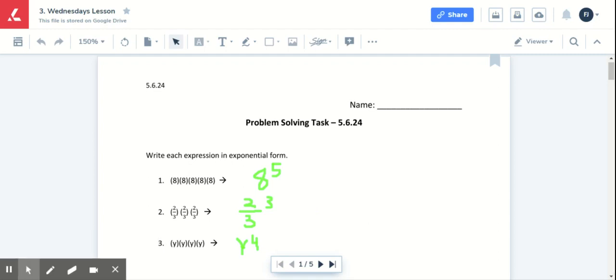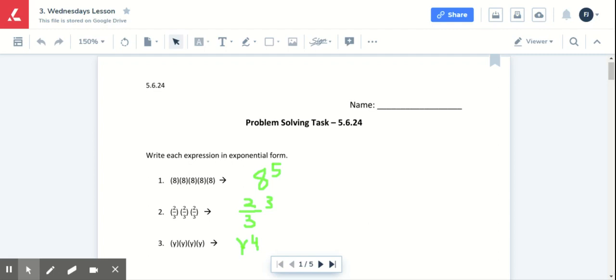Now for number 3, can we find a definite value for y to the 4th power? No, because we don't know the value of y. We would need to have been given the value of y in order to fully simplify it. But we don't have one, so we can't. For 1 and 2, could we fully simplify that more?